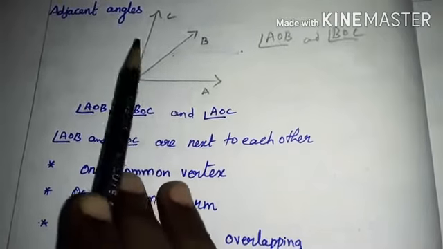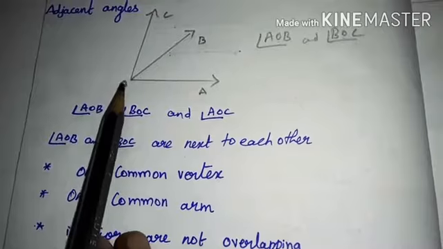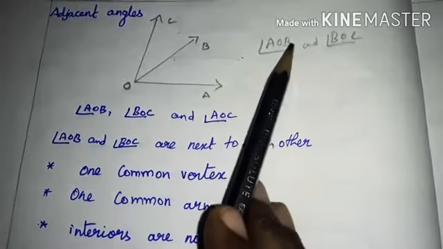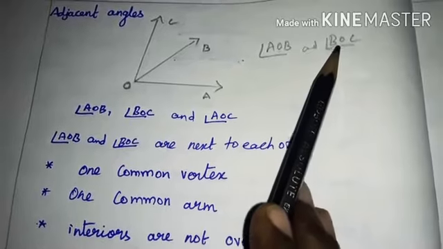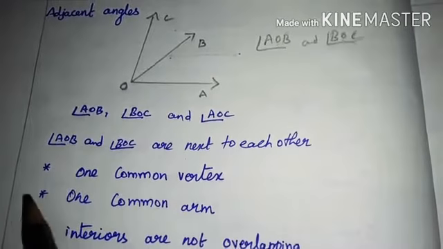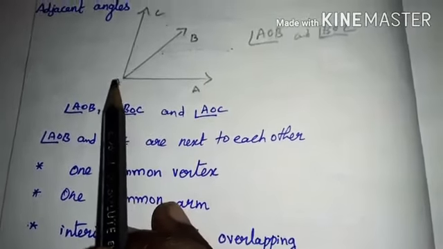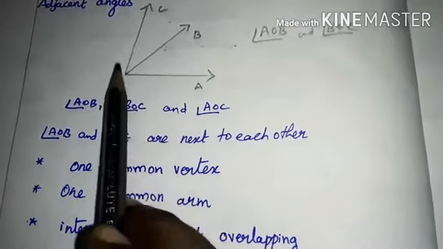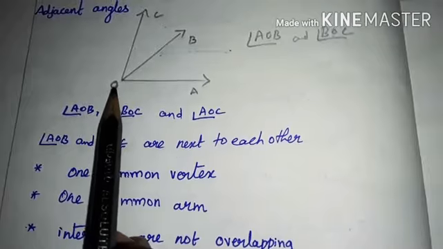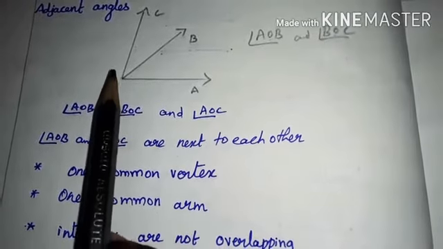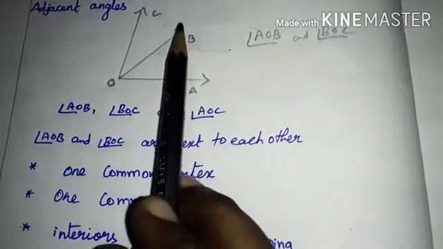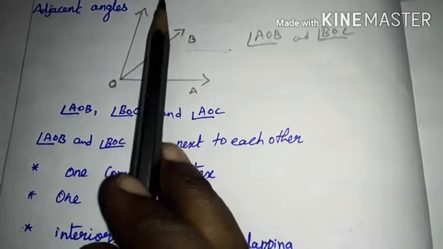If you see these two angles, we can see that O is common. That is, for AOB and BOC, O is a common vertex. And when we look at the arms of this figure, we can see OA, OB and OC. That is, in this figure there are three arms. From that, OB is common to angle AOB and angle BOC.